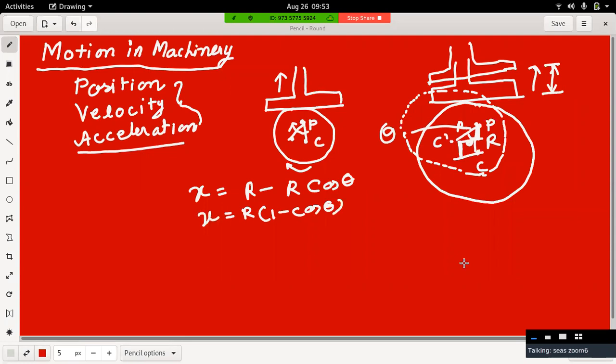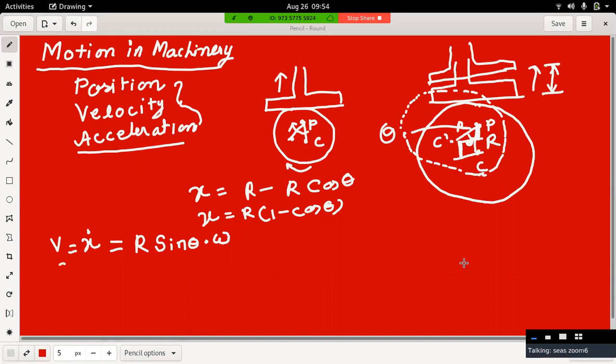And once we have determined this distance, we can determine the velocity by the first differentiation of the distance. So R is a constant, so this will be R sin theta into d theta by dt, which is nothing but omega.